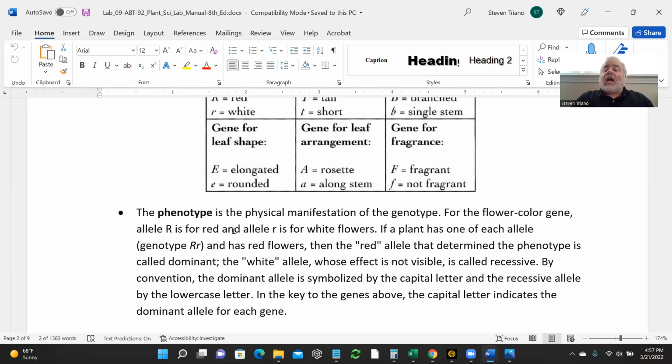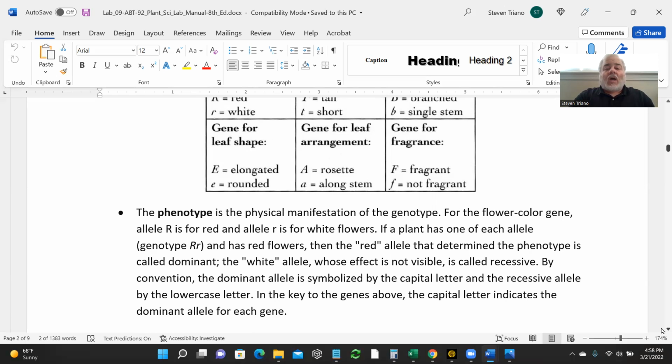And there are lots of complications in how genes work together, and some are very, very simple, some flower color genes. Most of what we call the Mendelian traits, the ones that Gregor Mendel worked on, the father of genetics, who was an Augustinian monk who developed all of the foundation work for how our hereditary information is passed on, way before we even knew DNA was responsible for it.